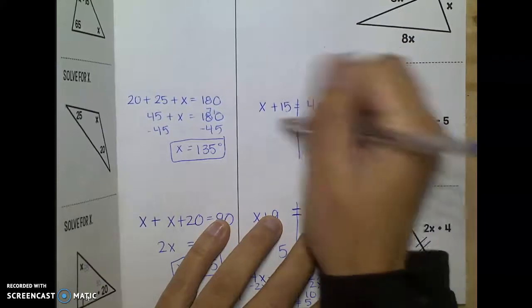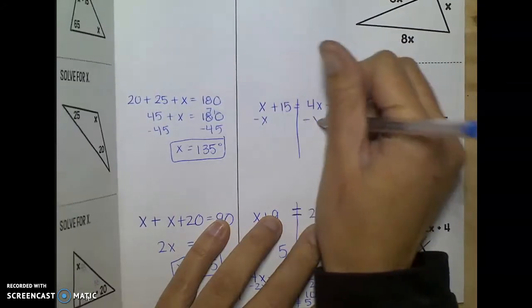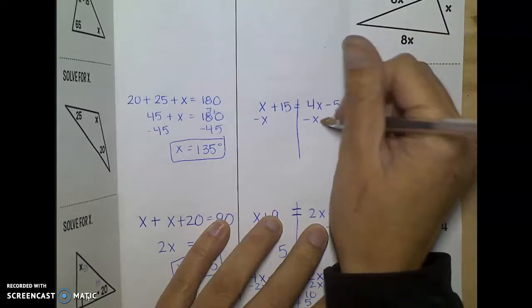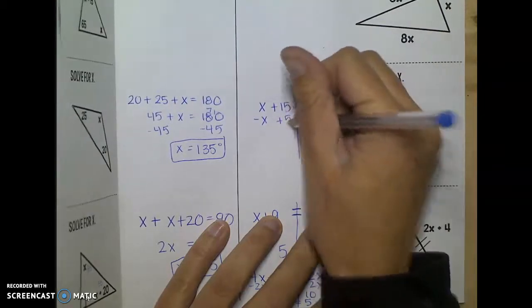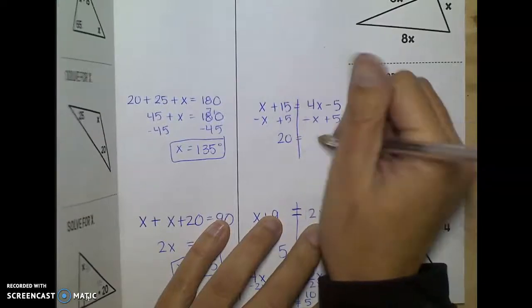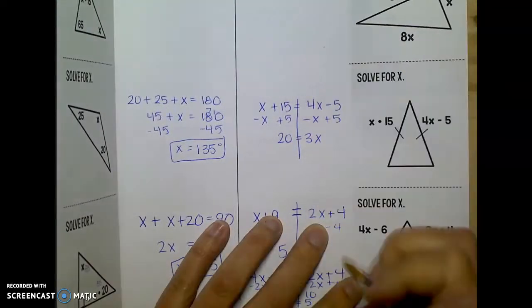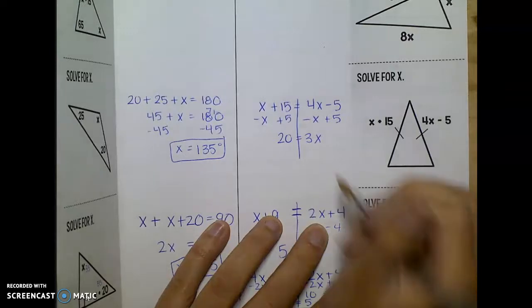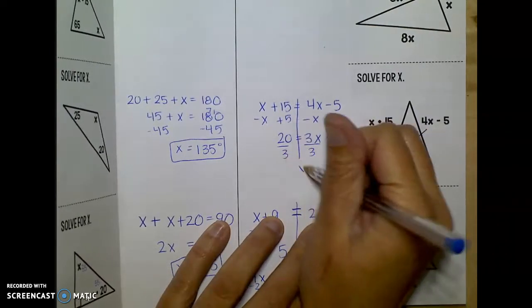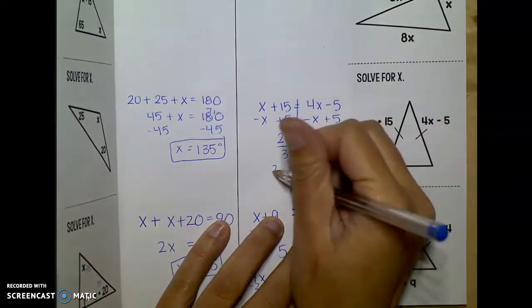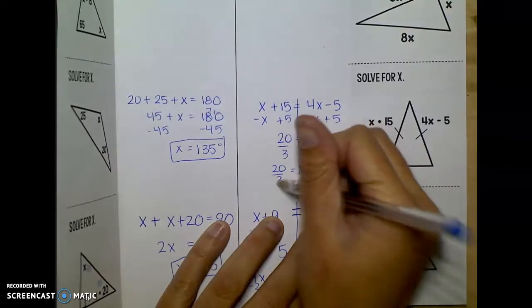Then I would get my x's together, so I'd subtract the x on both sides. And since x will be over here, I'm going to add the 5 to get it out of there. So we'll have 20 equals 3x. And then I would divide by 3. And so x is going to be this nasty fraction here, 20 over 3.